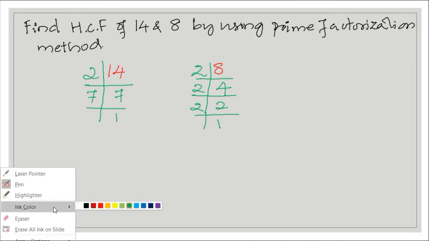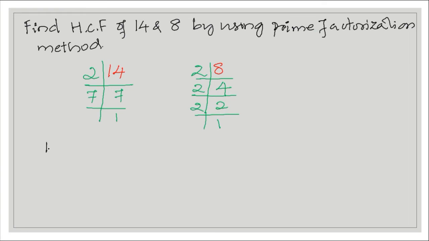Therefore, I can write 14 as 1 multiplied to 2 multiplied to 7, and 8 I will write it as 2 multiplied to 2 multiplied to 2. Actually, I can write into 1 also.